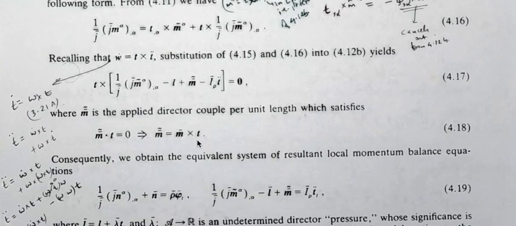The same is followed over here: m bar tilde is also perpendicular to t, so m bar and m bar tilde are perpendicular to each other, and both are perpendicular to t. It is replaced over here, and this is the final form of the equation.